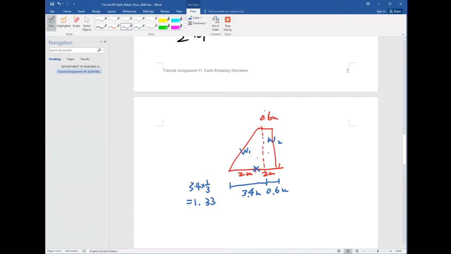So the centroid, 1.33. Now, what's the width here?